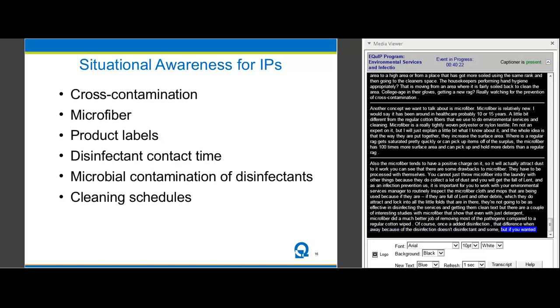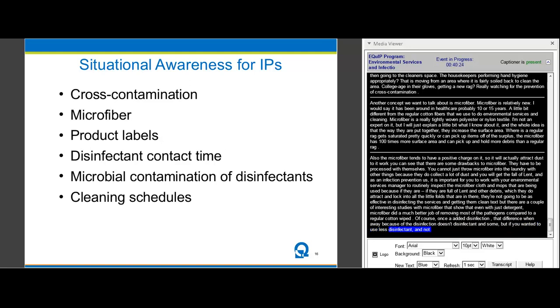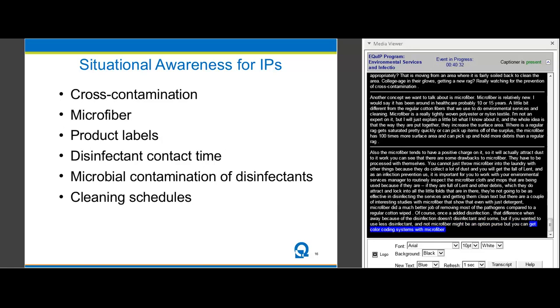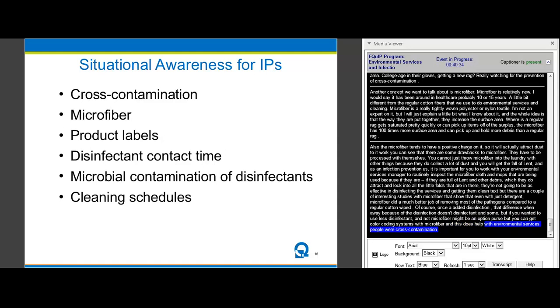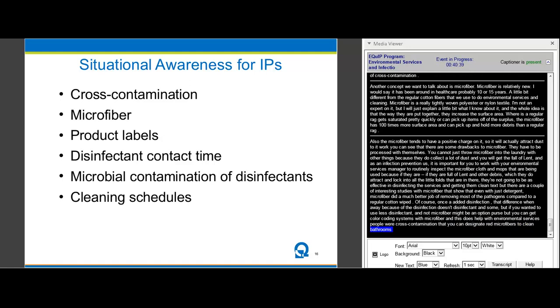The other thing about microfiber is you can get color coding systems, and this does seem to help quite a few environmental services people with the cross-contamination. So you can designate, say, red microfibers to clean bathrooms, or orange microfibers that are only used in isolation rooms, and green microfibers that are used in regular rooms, and maybe blue that is operating room.